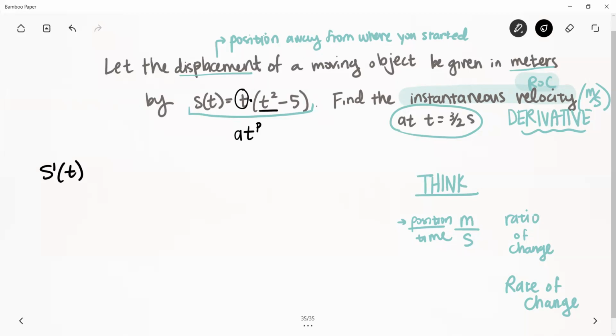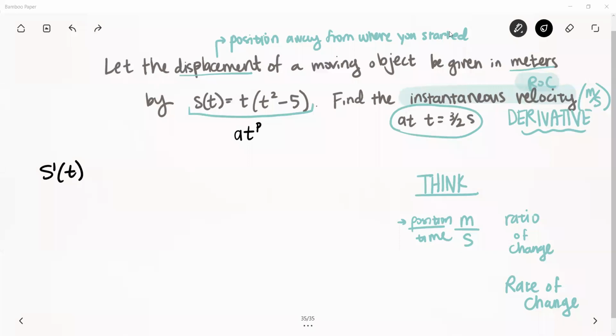It's t squared minus 5, but I'm not adding up different terms with t. I'm multiplying two terms with t. So this isn't looking good. But is it possible to rewrite it so that it does look like a number times t to the power plus another number times t to the power? Pause and try rewriting this.